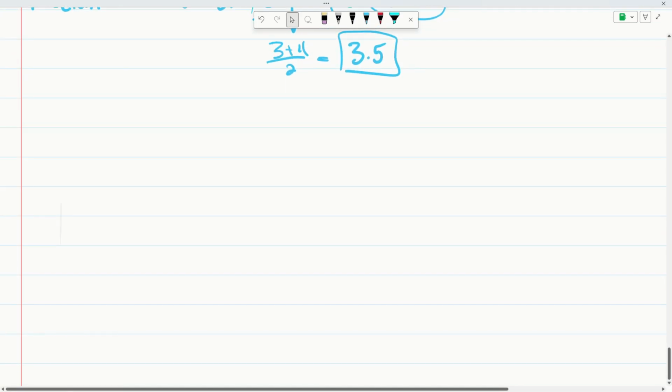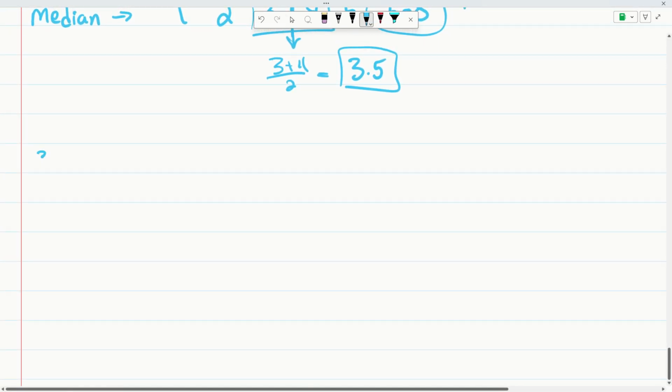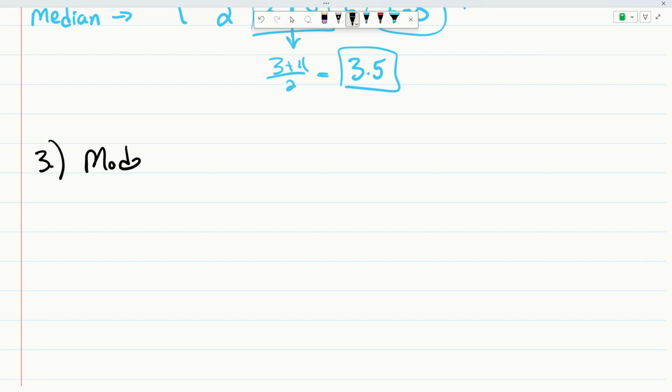The last measure of center I'd like to go over. Oops. Get my black marker out again. The last measure of center is the mode. Okay? Now, the mode is primarily used for what we call, let me use a better word, qualitative.